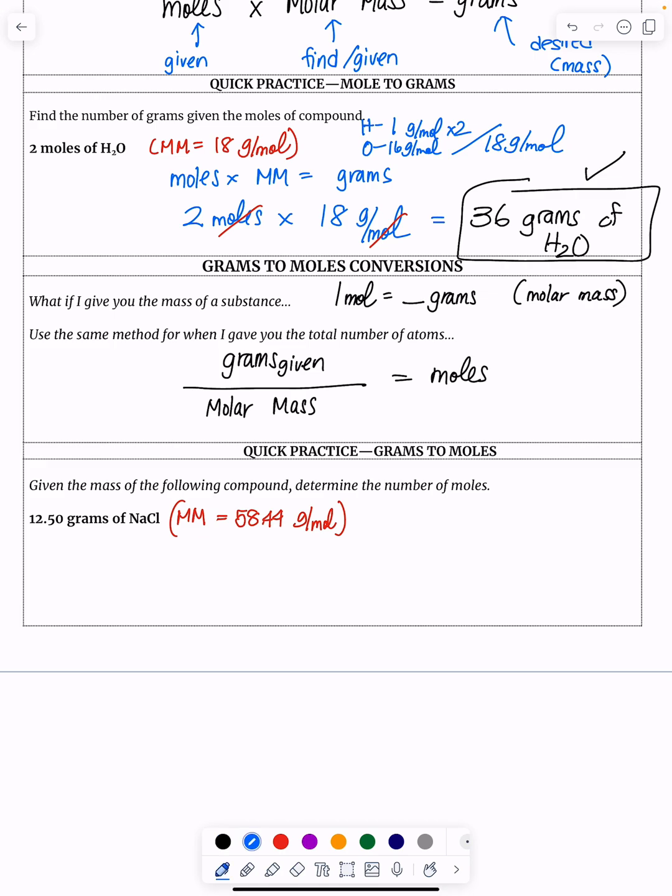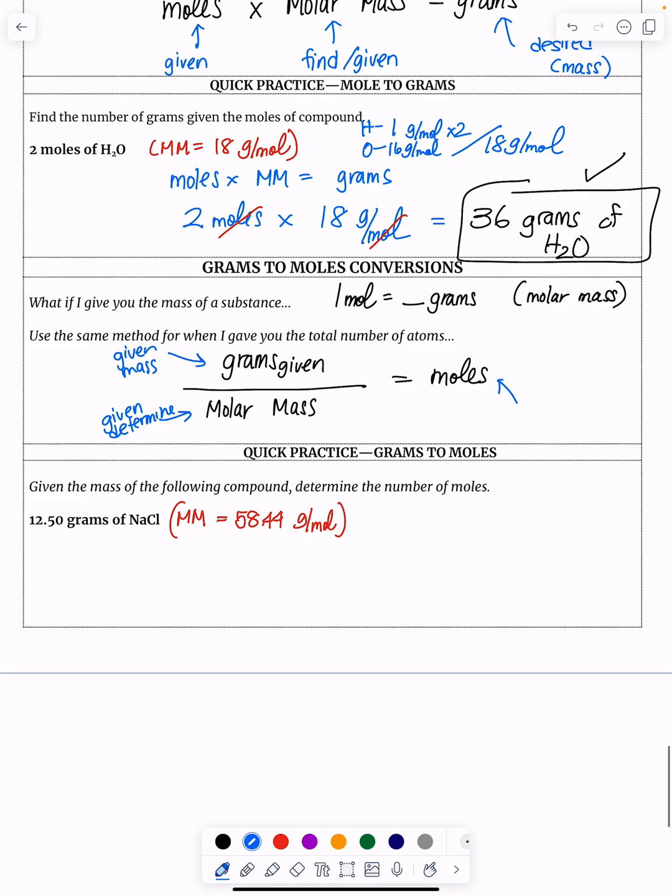So I have to be given, or maybe determine, my mass. I have to be given or determine a molar mass. If I divide these two, I will get my desired moles.